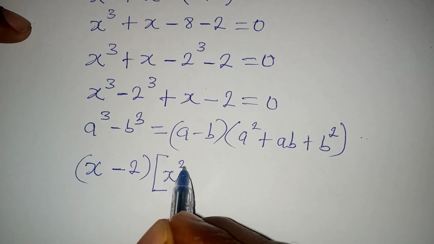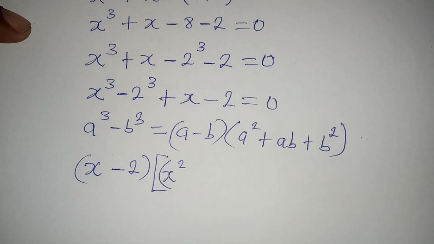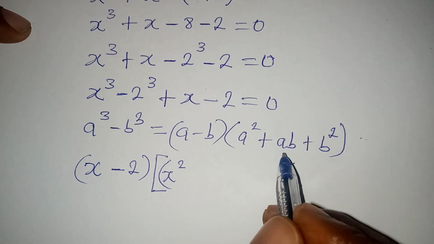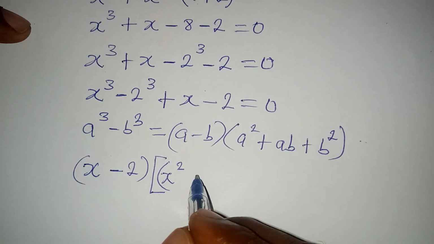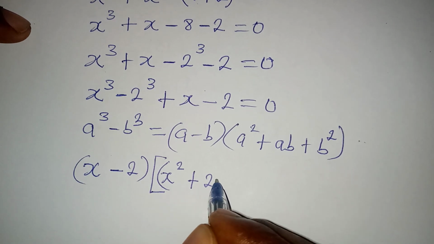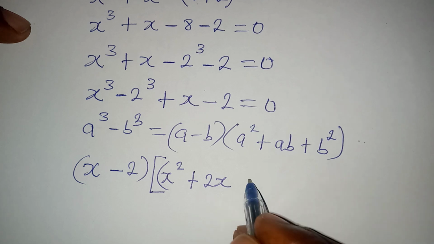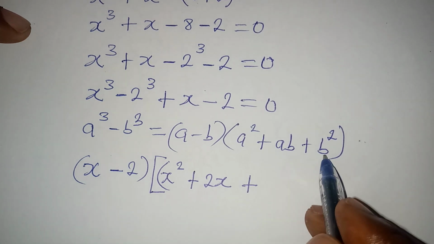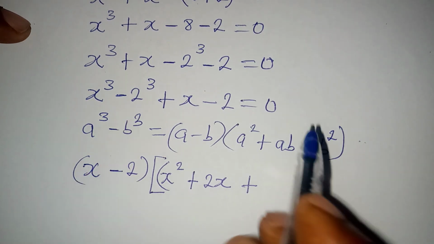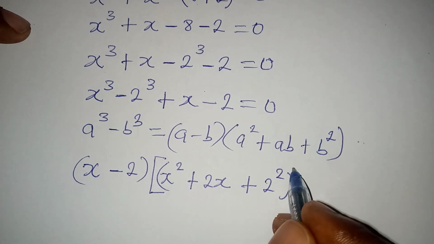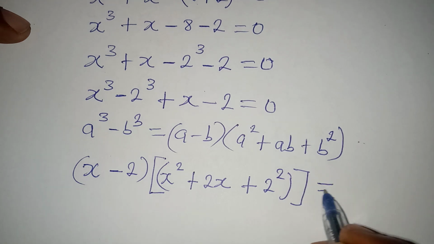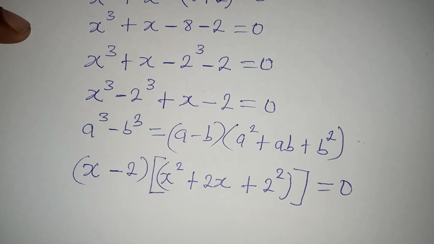So I write x squared in here, open this bracket again. Then we have ab. ab here will be 2 times x. So we're going to have plus 2x. Then plus b squared will now be 2 squared. So I write 2 squared over here. Then close this bracket. Now this is equal to 0.